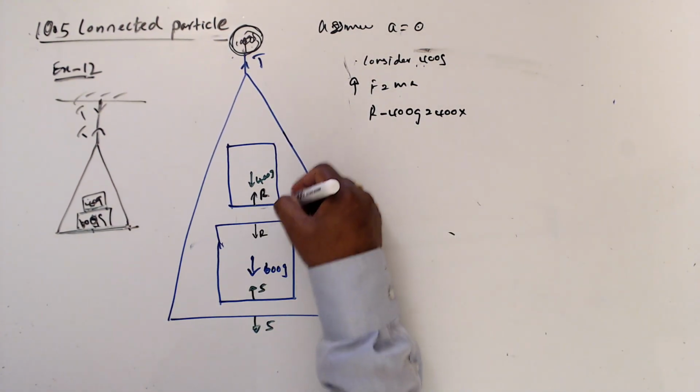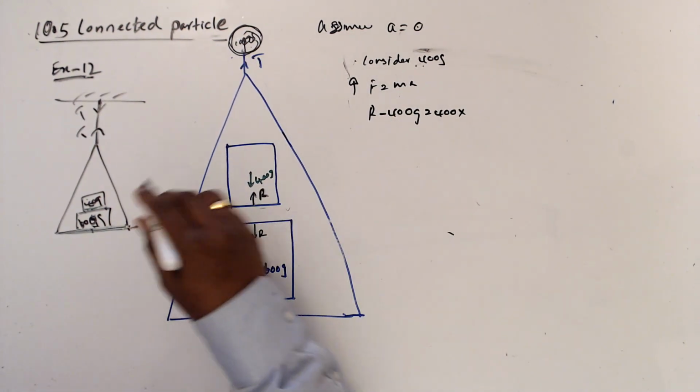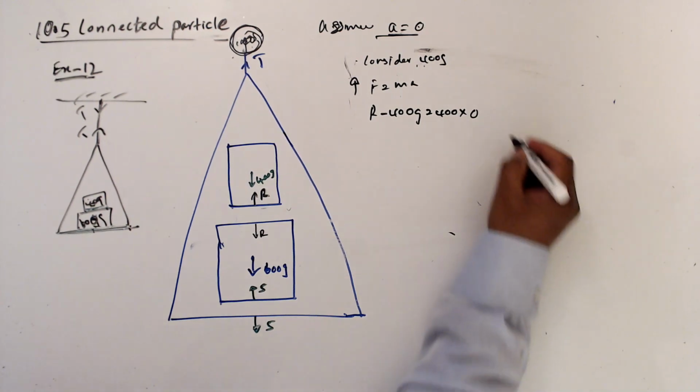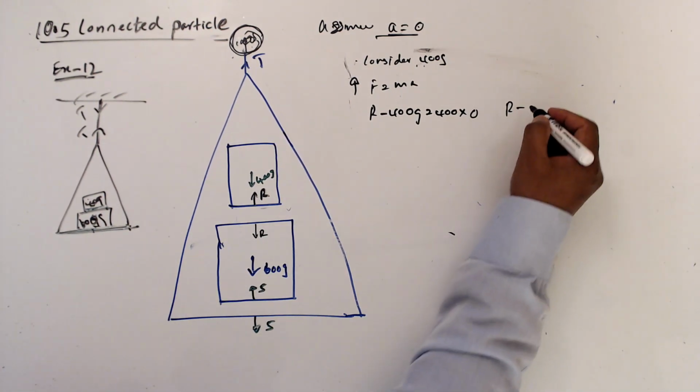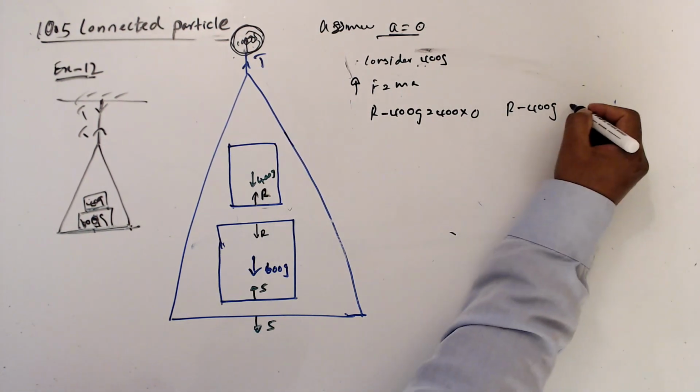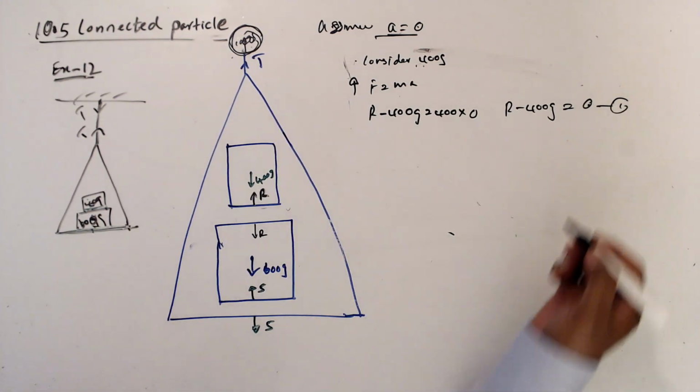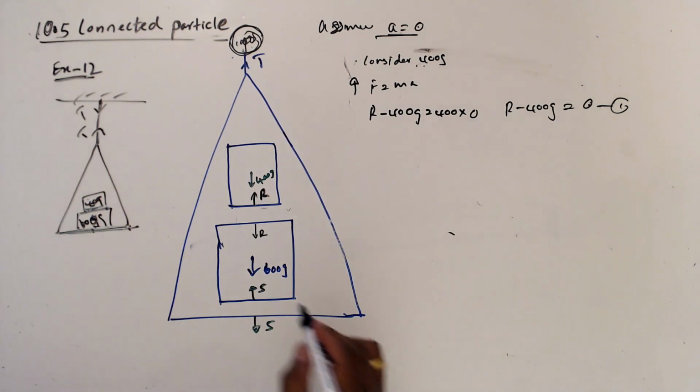It is not going here and there, so assume a is 0. So R minus 400 g equals 0. So that is one equation. Now we'll consider this one.